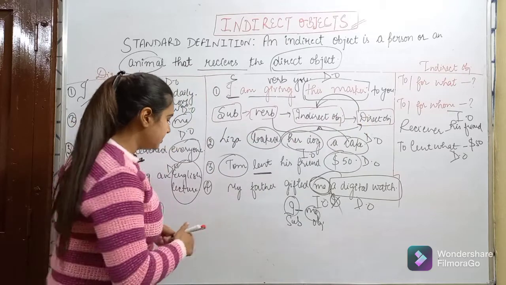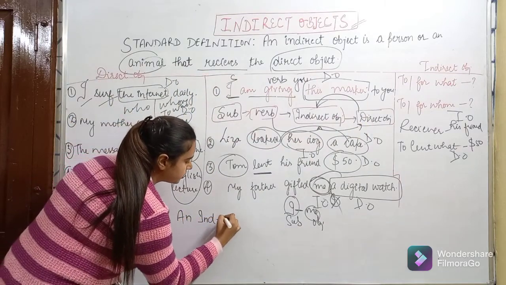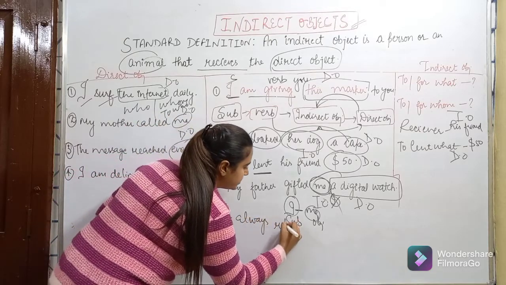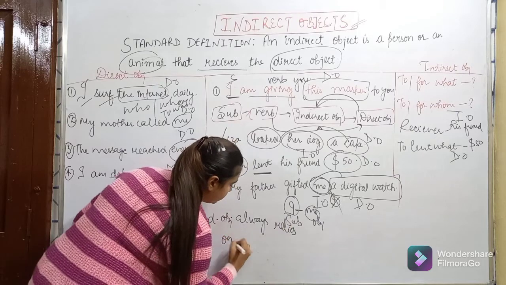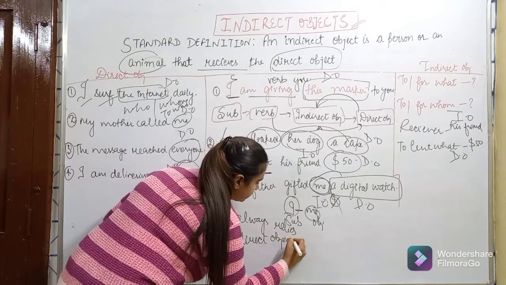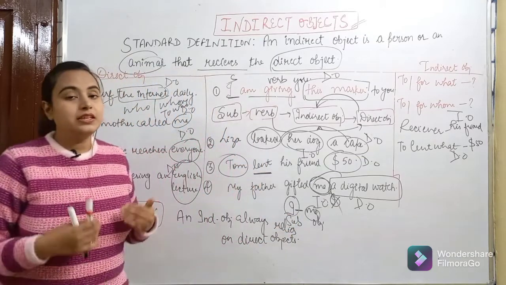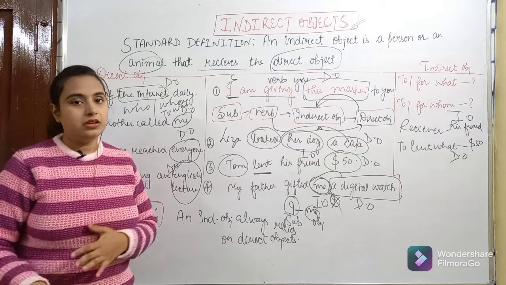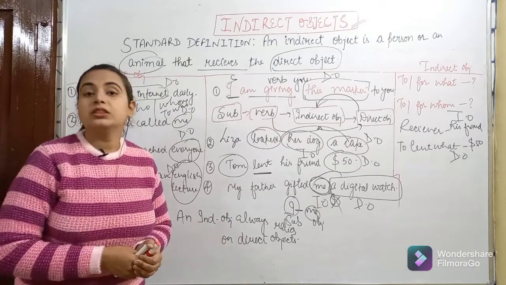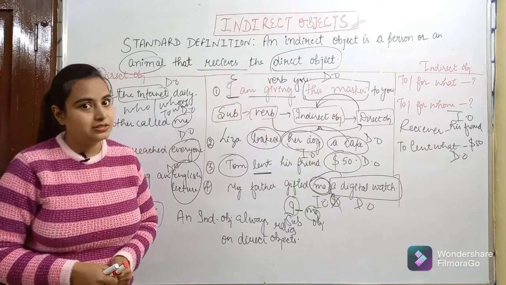So this is not an indirect object. It always relies on direct objects. Because guys, indirect objects are the ones that receive the direct objects, and without direct objects, indirect objects will receive nothing, and that will make your sentence grammatically inaccurate.